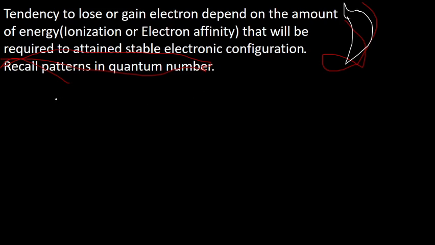I want you to look at period 3 elements, sodium and chlorine. Let us look at their electronic configuration. This one is what? 1s2, 2s2, 2p6, 3s2, this is 3p1.